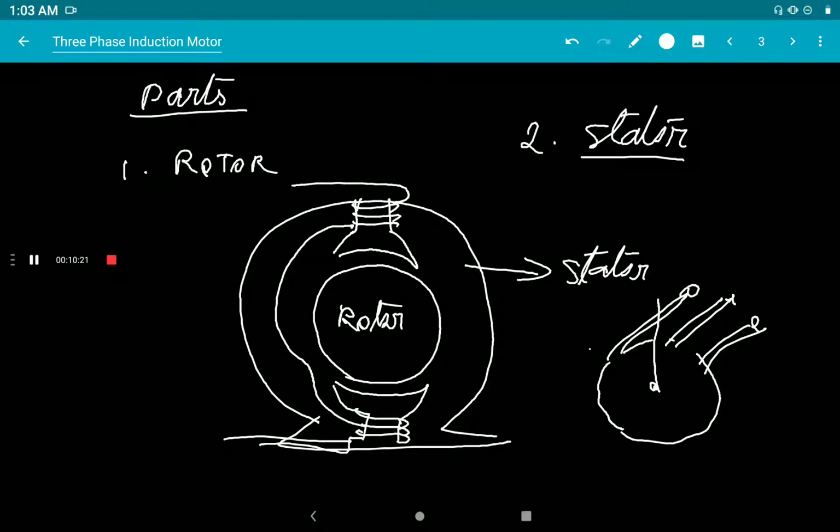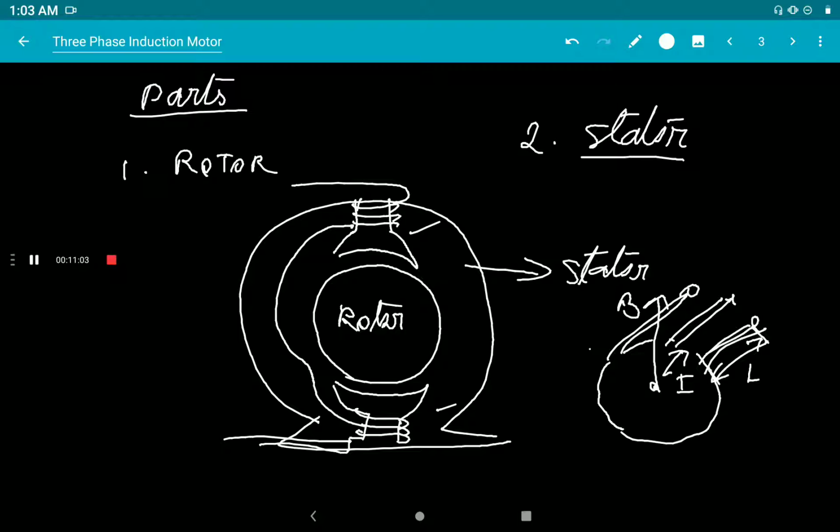there is a field density, that is B, and consider the conductors of length L, and the current that flows through this conductor bar is I. Then that means if we give a supply, a flux density or field density will be produced, the length of the conductor is L, and the current flowing through the conductor is I. By the Lorentz force law, a current carrying conductor placed in a magnetic field experiences a force.